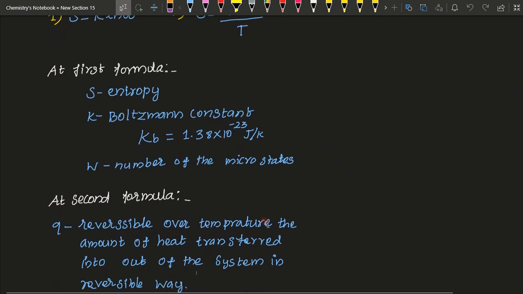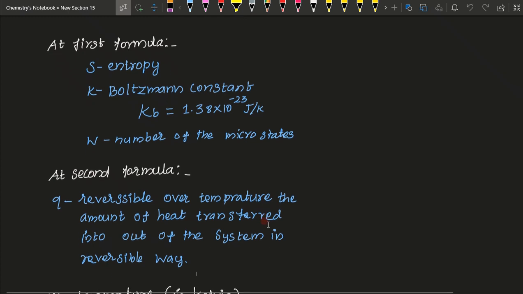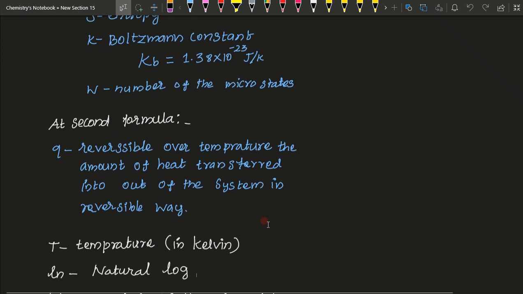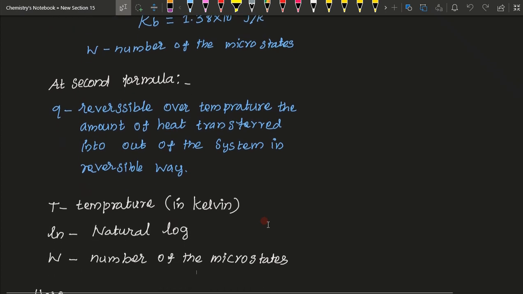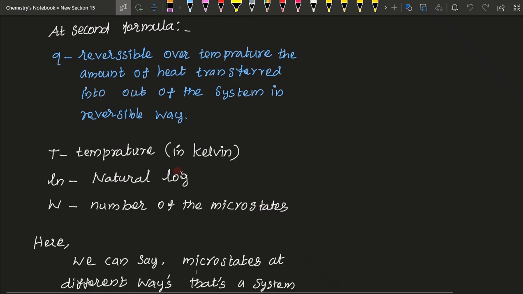In the second formula, Q reversible over the temperature is the amount of heat transferred into or out of the system in a reversible way, meaning backward. Here T is temperature in Kelvin. The scale is important here.